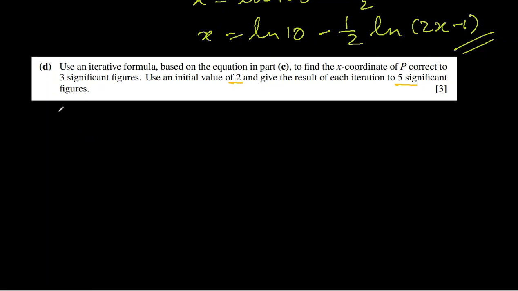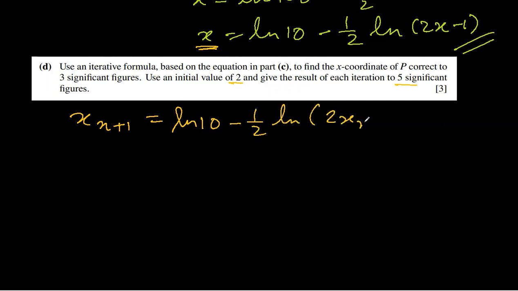So the iterative formula that we get from here will be x(n+1) equals ln 10 minus half ln of 2xn minus 1. The initial number will be x1. They're saying use x1 equal to 2, so we'll put this xn as 2.